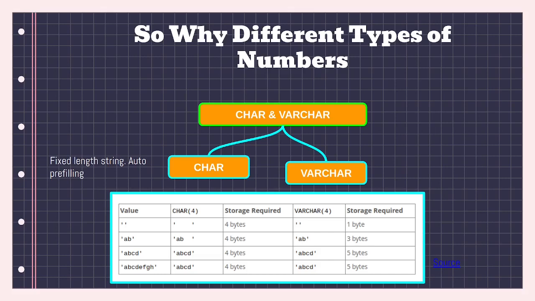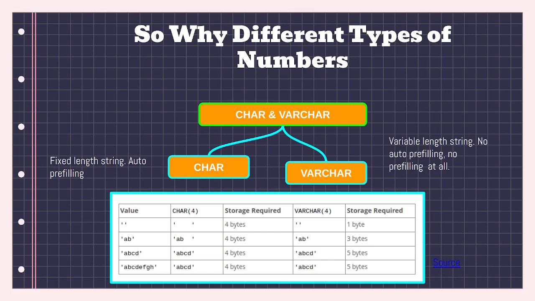Let's say another person makes a typo and types in Anna as A-N-A instead of double N. If you use the char data type in that case, we have one last space left, and that's going to be pre-filled with some value. That's what char does, and that's the difference between varchar and char.